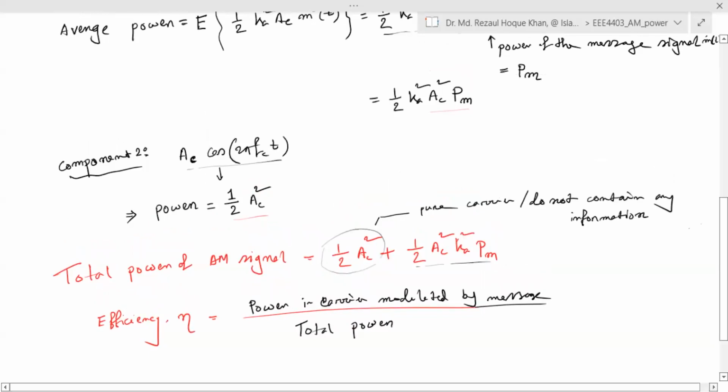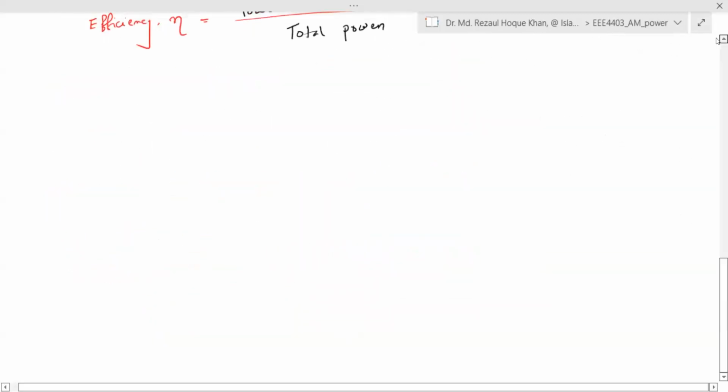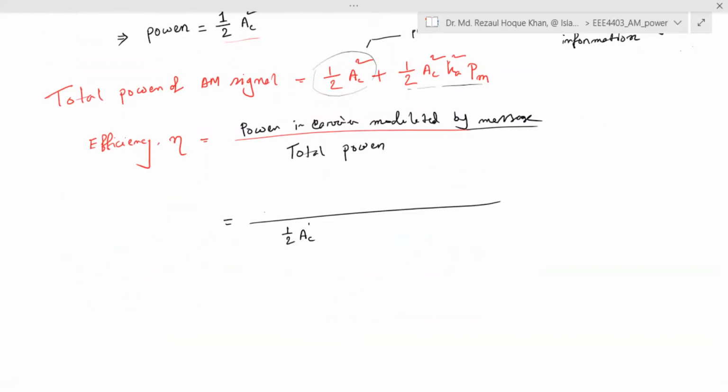So what is the total power? The total power is half of A_c squared times (1 plus k_a squared P_m), right?